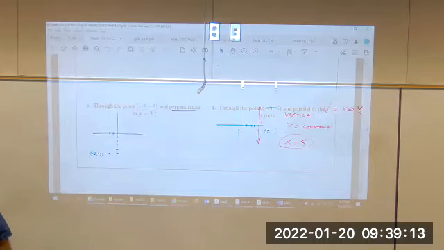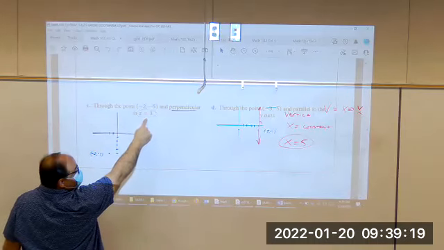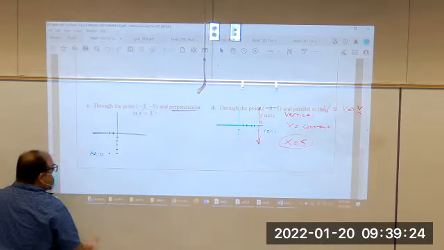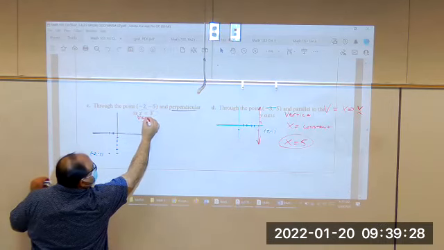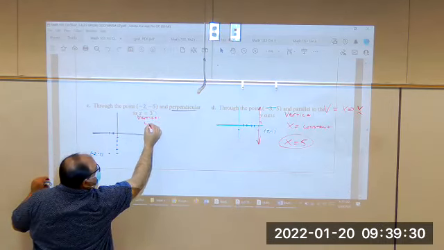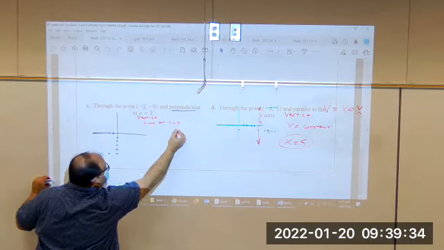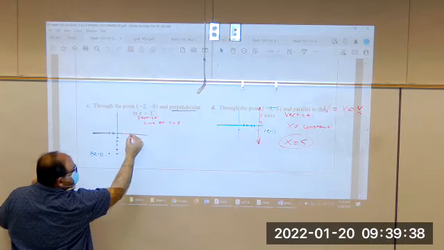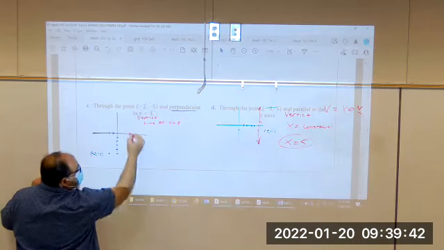It's perpendicular to this line. So now I have to draw this line. This line, x is always 3. What that means is it's a vertical line at x equal to 3. There's a vertical line right here.